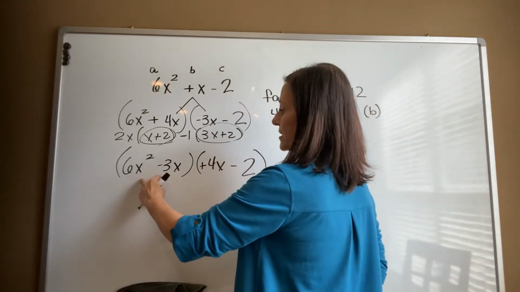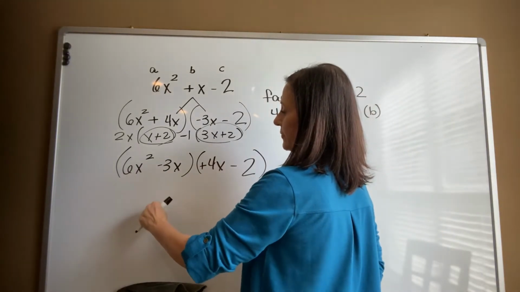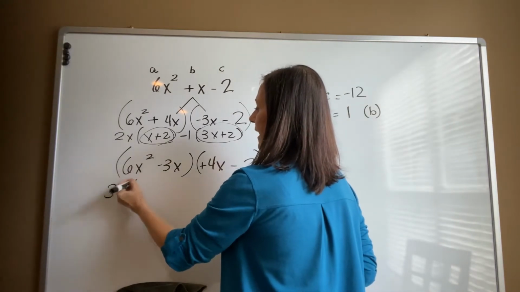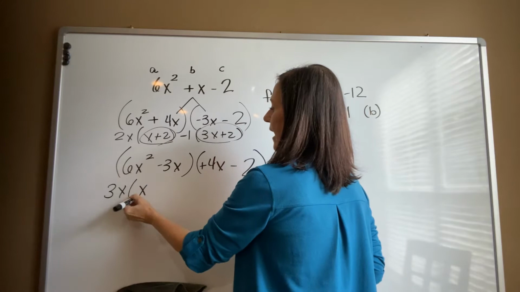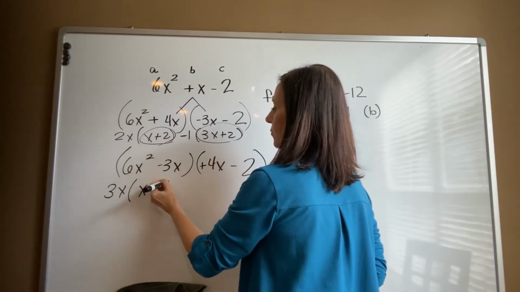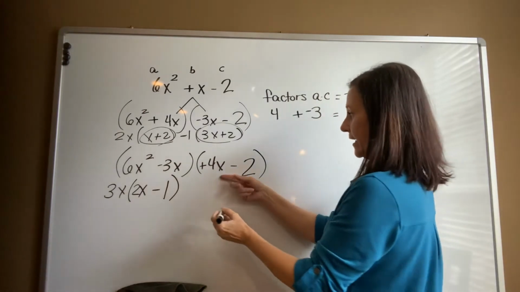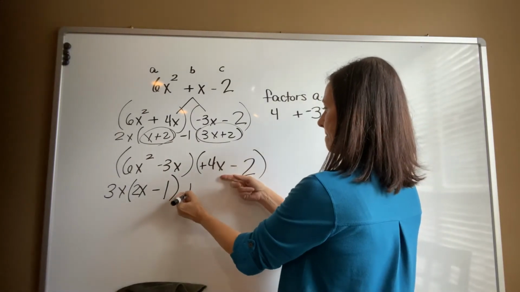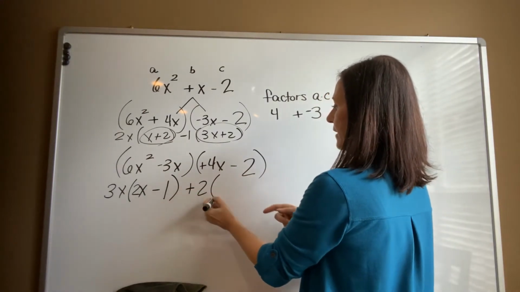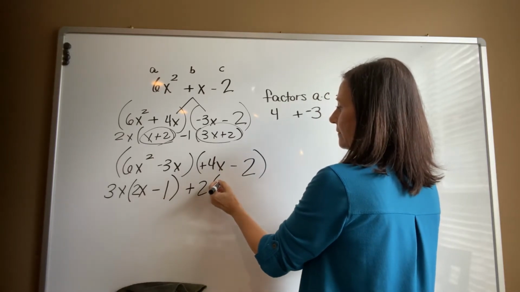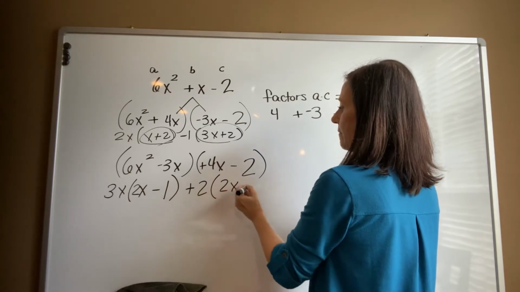When looking at these first two terms, I can factor out a 3x, and I'm left with 2x minus 1. All right. Here I can factor out a 2, and I'm left with 2x minus 1.